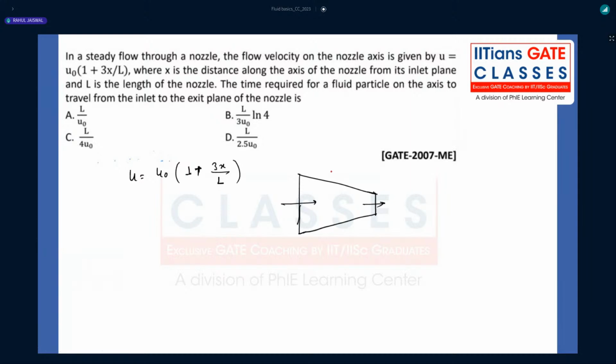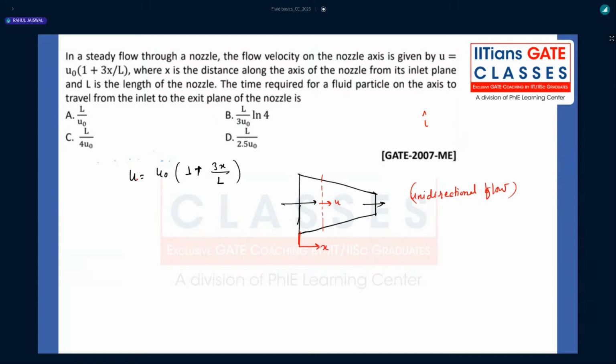So at this location, they have given the velocity in the form of u naught into (1 + 3x/L). Now, looking at only the velocity component u, you can clearly tell that it is a unidirectional flow. Only the u component of velocity is given, not v, and no component in the z direction, right?